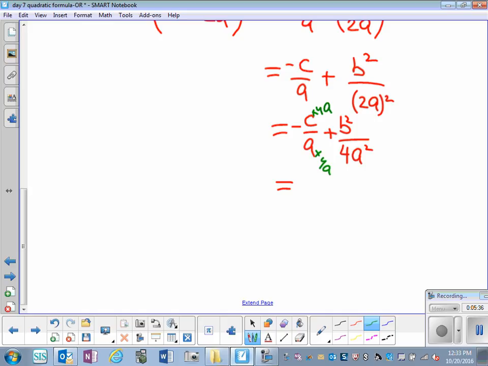Do you see this? Okay. So I'm just going to rewrite minus 4ac over 4a squared, and then plus b squared over 4a squared. Yes?